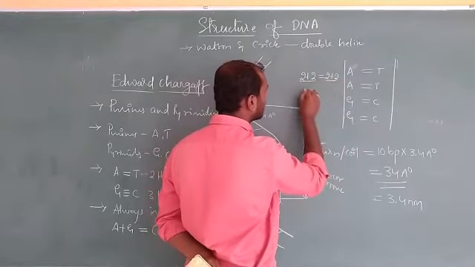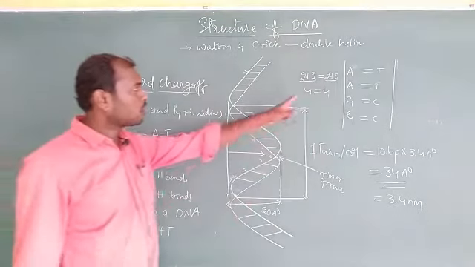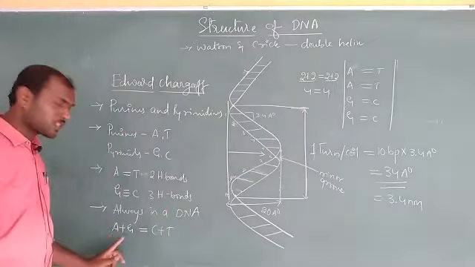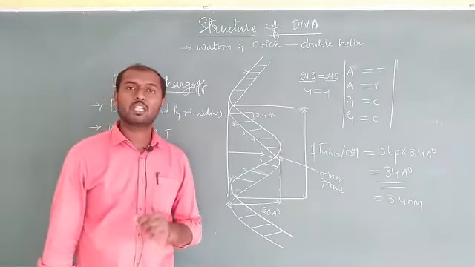That is always 4 equal to 4. Got it? So A plus G is always equal to C plus T. This is what we call the base equivalence rule.